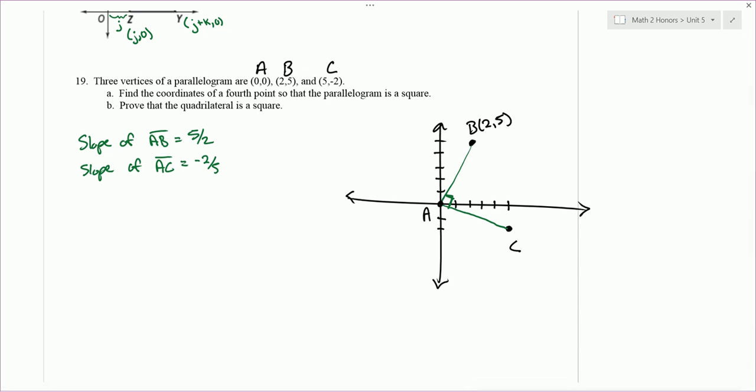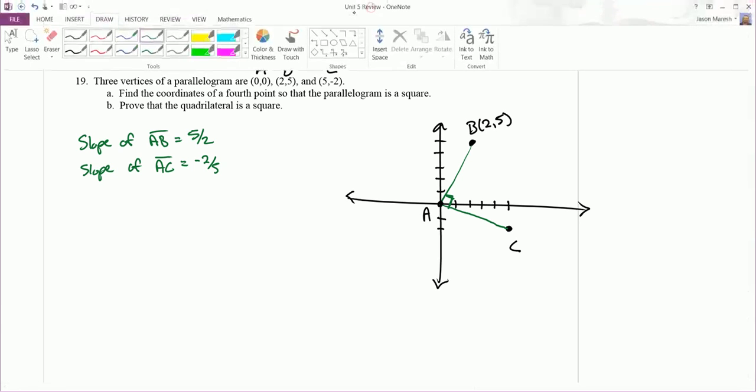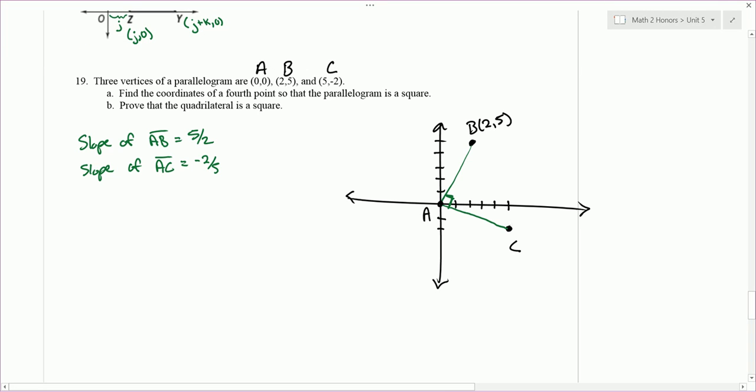But we're looking for a fourth point, D, that will complete this parallelogram. So I want my side to be parallel to side AB. Since the slope of AB is 5 over 2, from C I'm going to go up 5, right 2, and that puts us at 7, 3.